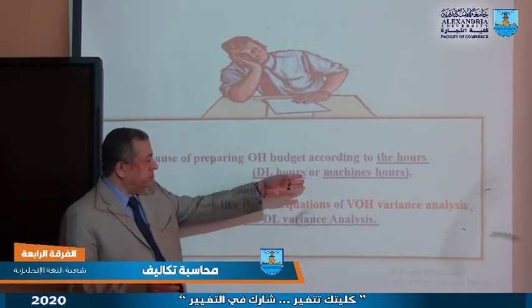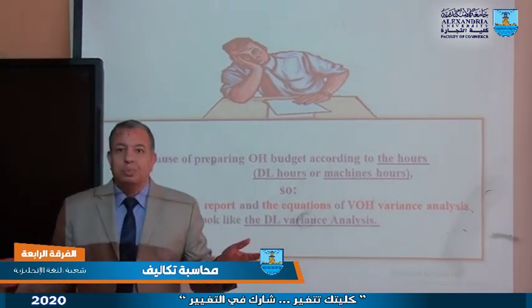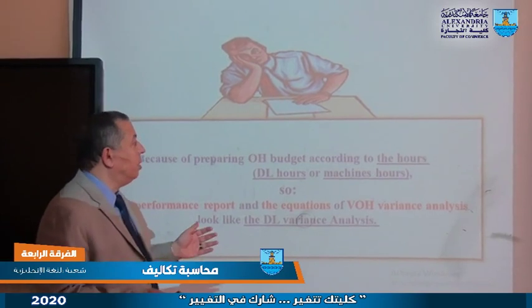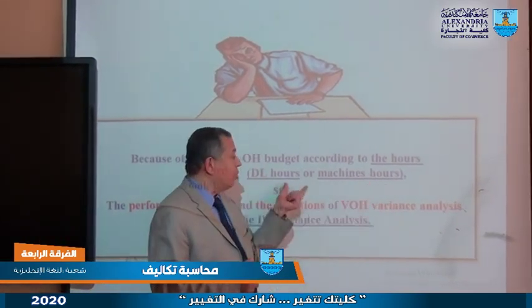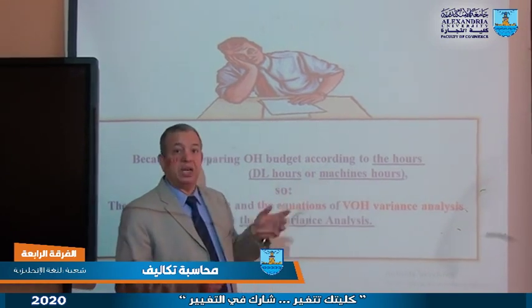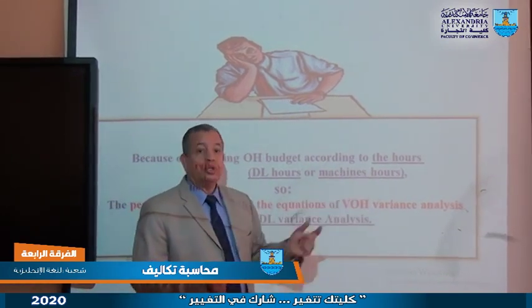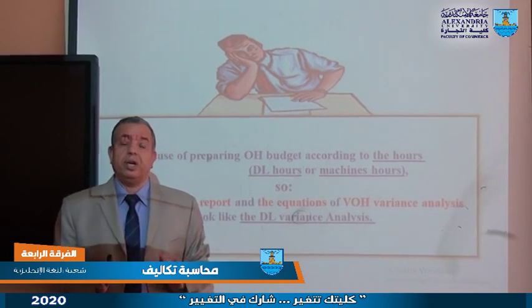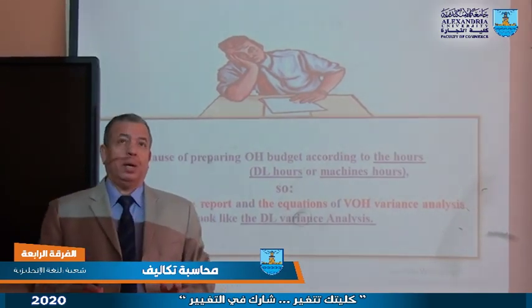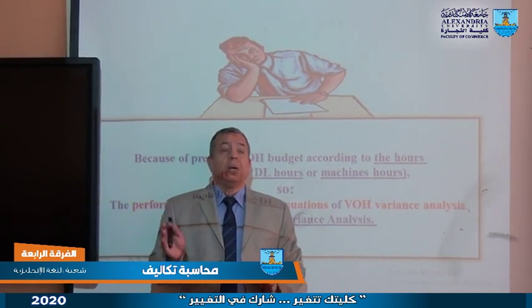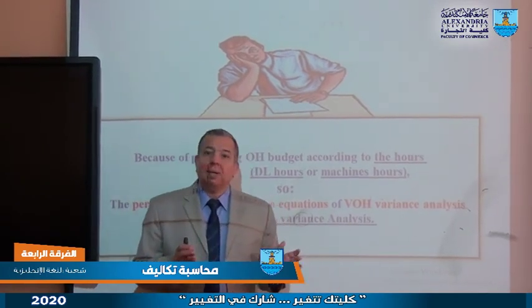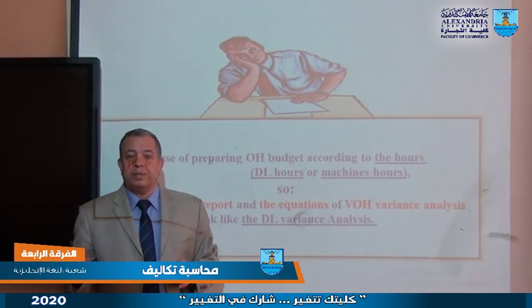They will use direct labor or machine hours. But in both of them, I speak about hours. So the base of preparing the budgets here is hours. Do you remember in previous lectures? For direct material, I use quantity and price.